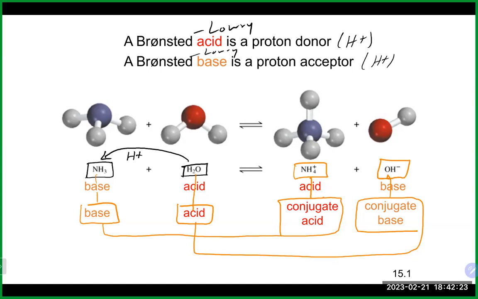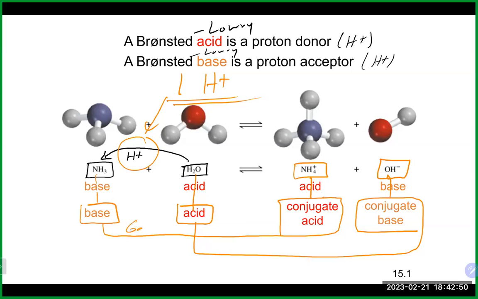So the relationship between those two things, either the base and the conjugate acid or the acid and the conjugate base, the absolute only difference that you could have between them to make them related to each other is one H plus only. So the only difference has to be one H plus, and that's what we see as we go from NH3 to NH4 plus.